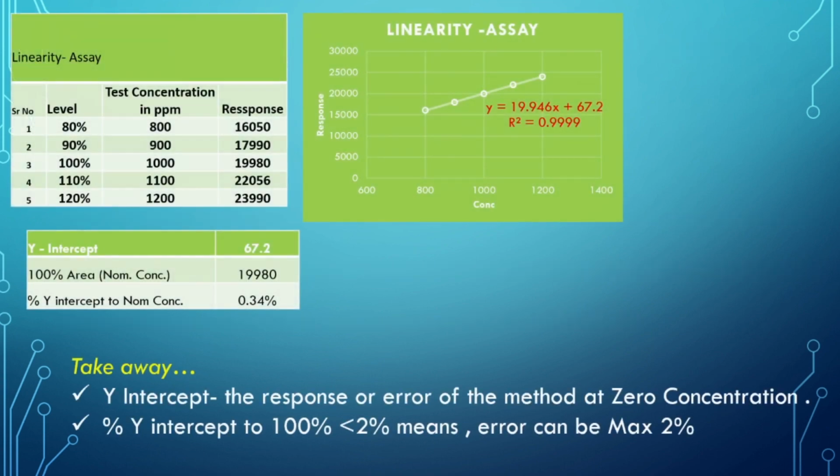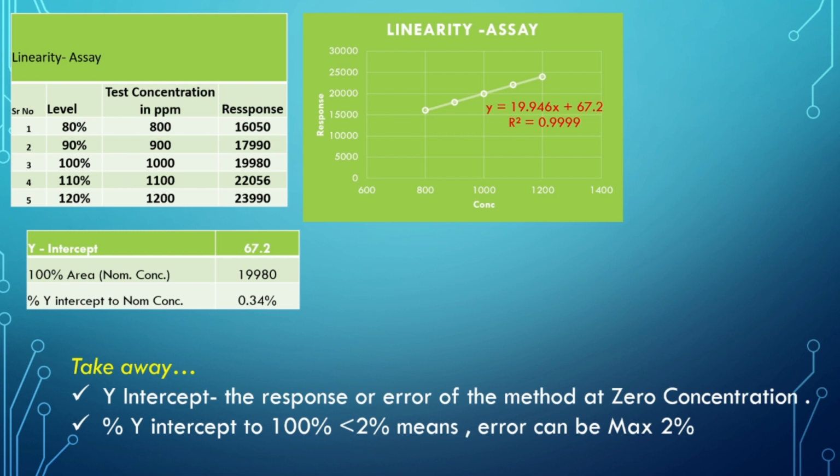Say, for example, this is my linearity curve. You can see that this is the linearity plot. The y-intercept is 67.2. What is meant by y-intercept? Y-intercept is nothing but the response I'm getting from an analytical technique at zero concentration or blank concentration.